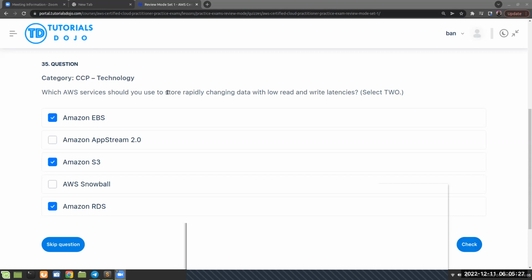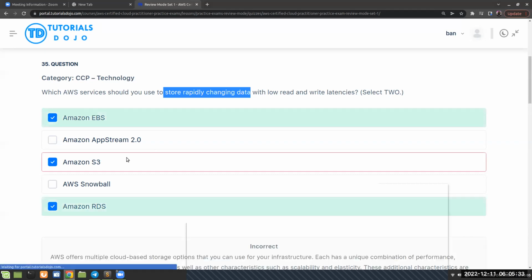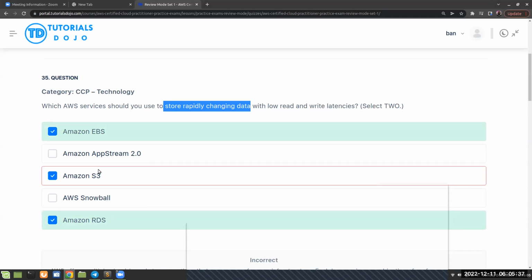But I want you to take note of the key thing. We are storing rapidly changing data, right? And for S3, what is key about S3? What kind of data is S3 storing? S3 is to store objects and it's for static data.